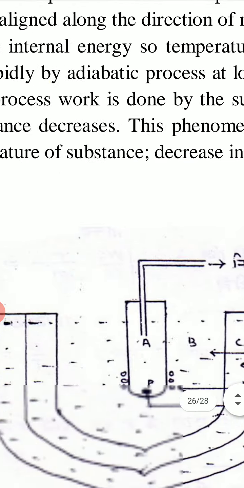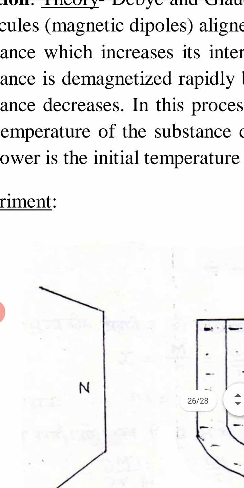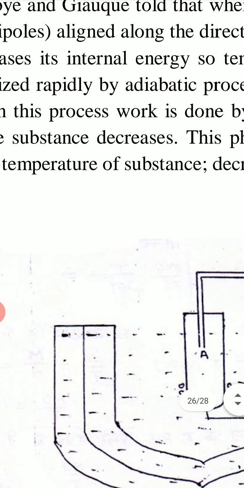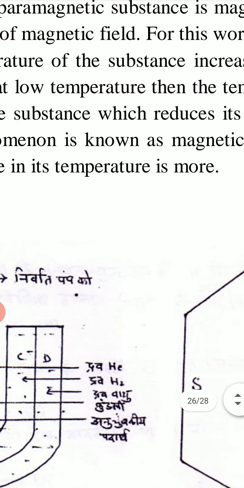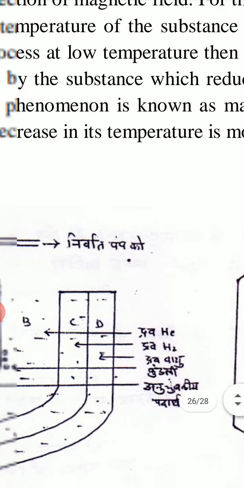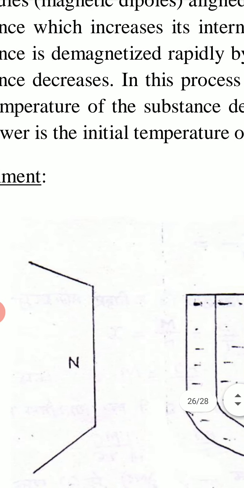Now, if the substance is demagnetized rapidly by adiabatic process at low temperature, then the temperature of the substance decreases.